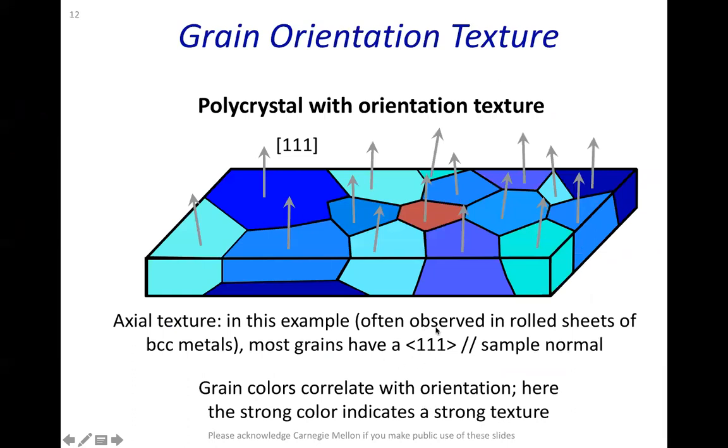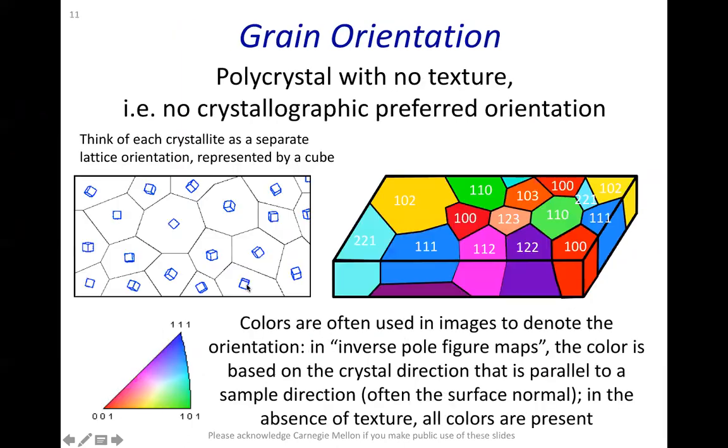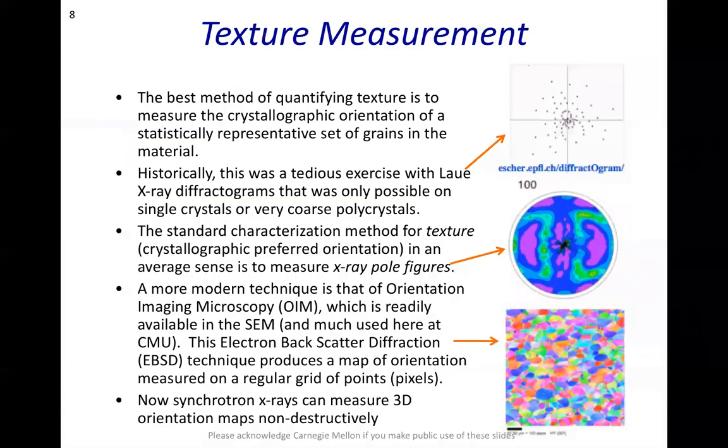We have a lot of grains with the 111 direction parallel to the sample normal, the rolling direction of the sheet. And so there is a strong preferential orientation. We're much more likely to find a grain with the C-axis, the 111 direction, pointed this way than a different direction.